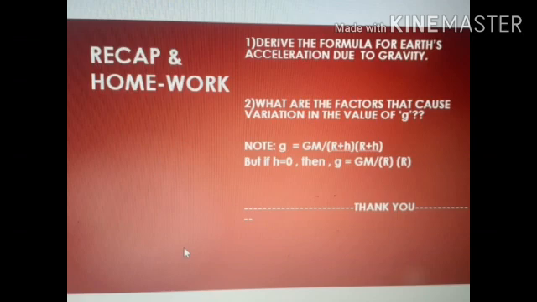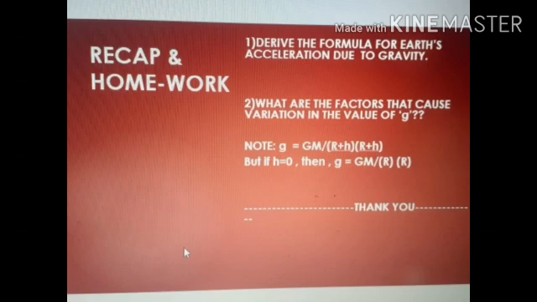Now, the force of gravitation exerted by the earth on the body can also be given by the formula F equal to ma. Instead of a, we have to write small g, because here acceleration is small g, that is acceleration due to gravity. Therefore, F is equal to mg.